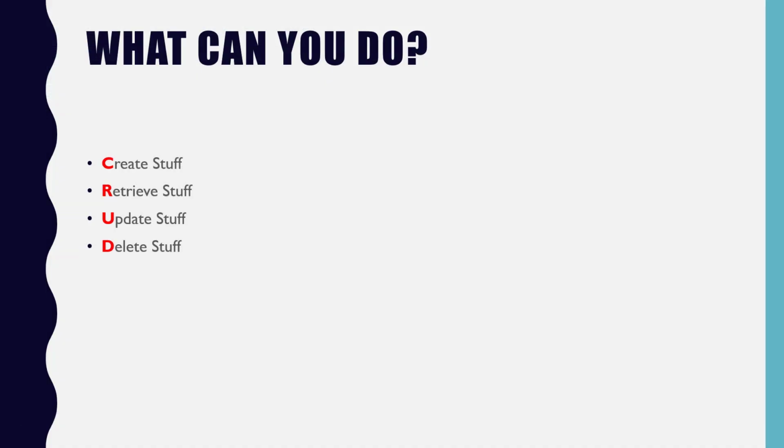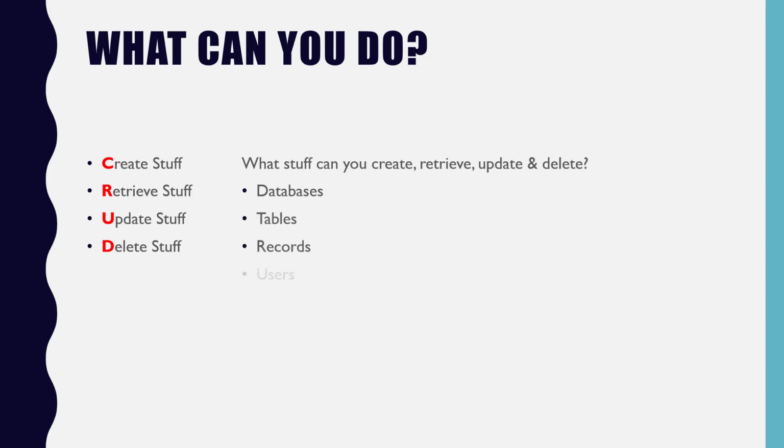So the next question is, what can you create or retrieve or update or delete? What can you do that to? What kind of stuff can you retrieve? You can do it to databases, I've heard somebody say that. Tables, records, users, views, we haven't learned about views yet. Constraints, we've briefly talked about them, we'll learn more later.